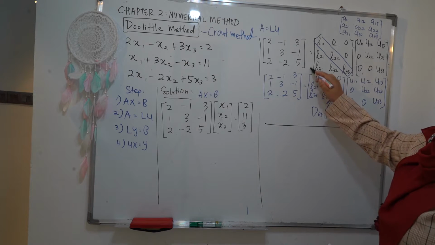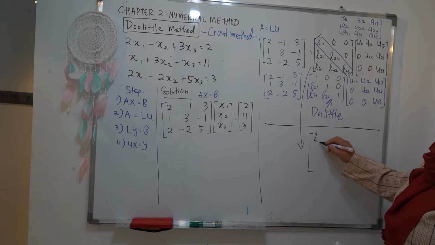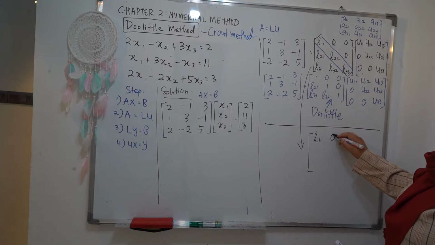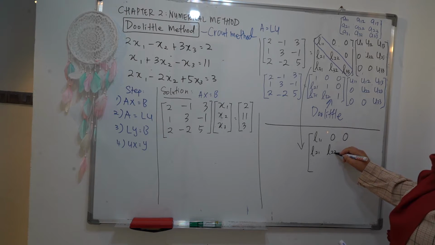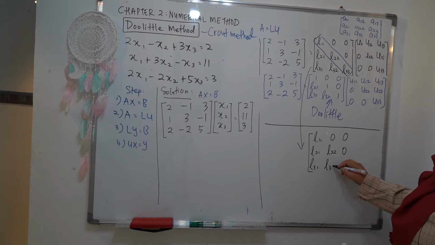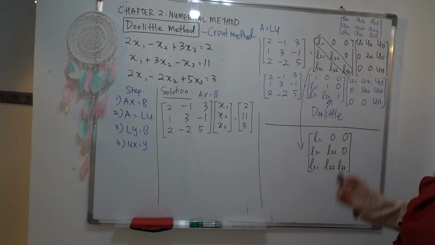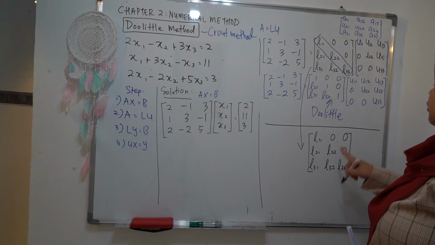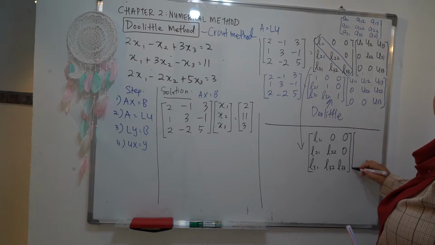For the Crout method, L11 0 0, L21, L22 0, L31, L32, L33. So this is the lower matrix. How about the upper matrix?